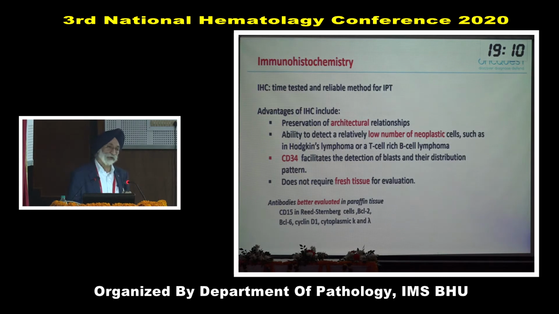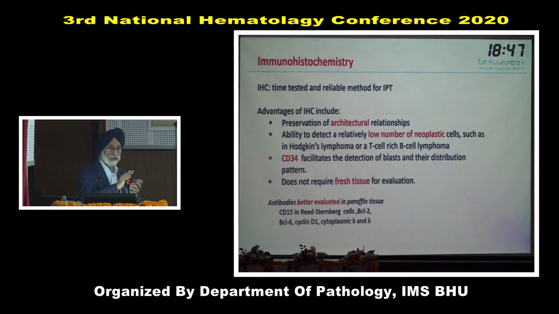Then we resort to immunohistochemistry. So while doing a bone marrow, if you have done both the aspirate and also the bone marrow trephine biopsy, that is where the biopsy comes in, because now we have immunohistochemistry available. What are the advantages? Number one, architectural.